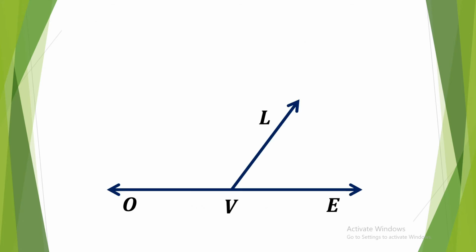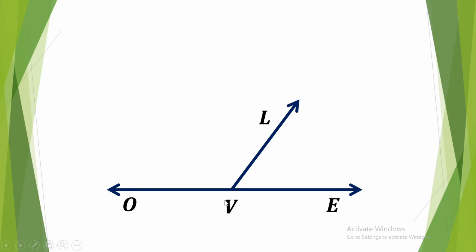Next, we have here two angles, angle LVO and angle LVE. Note that these two angles here have a common ray. That's ray VL, which makes them adjacent or consecutive angles.